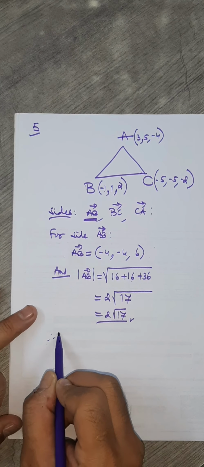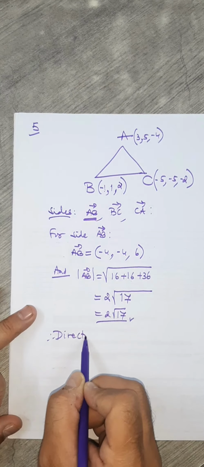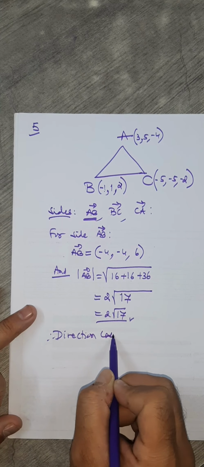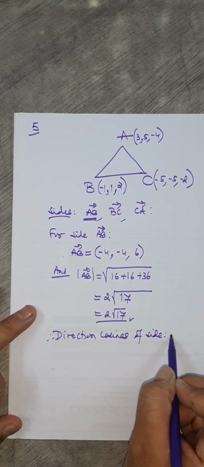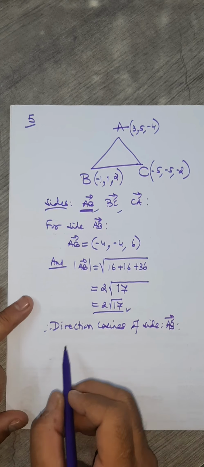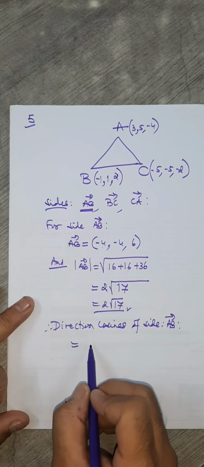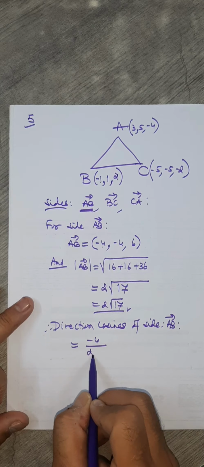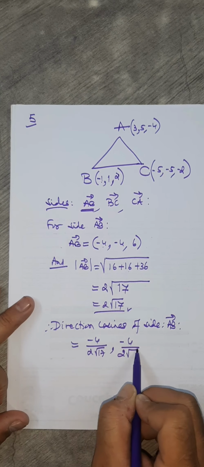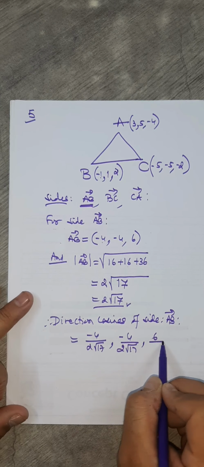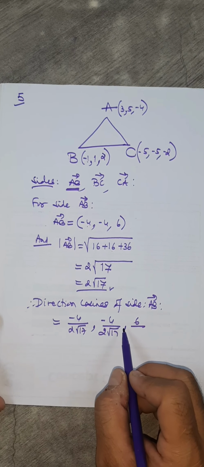Fine, and therefore direction cosines of the side AB equal minus 4 upon 2 root 17, minus 4 upon 2 root 17, comma 6 upon 2 root 17.